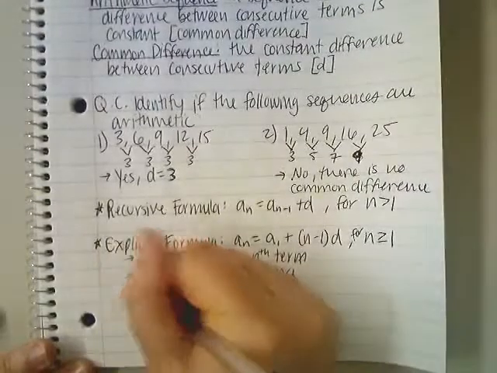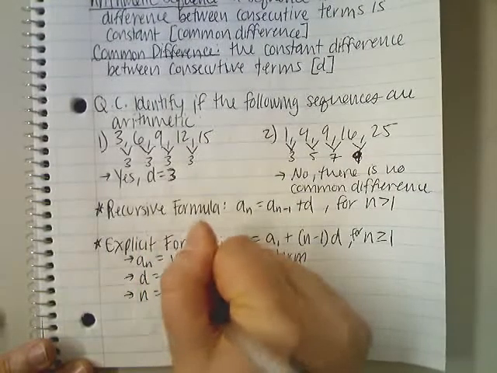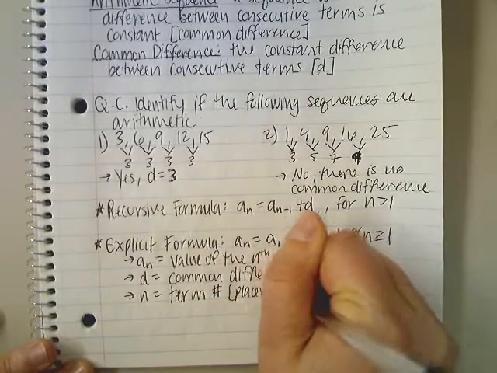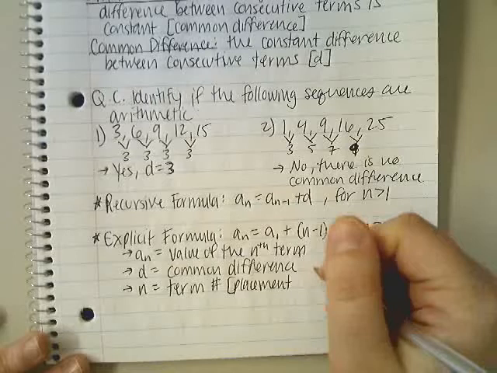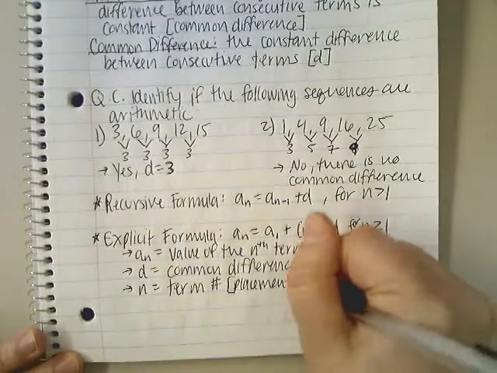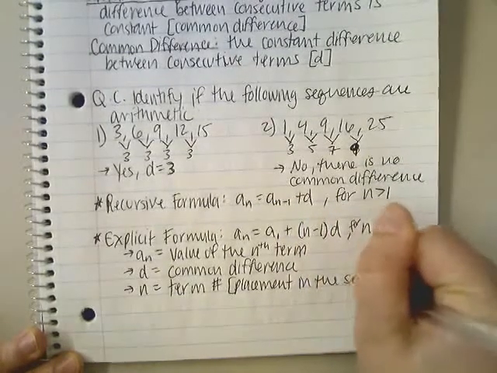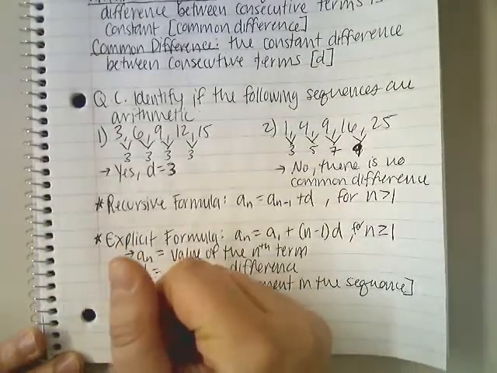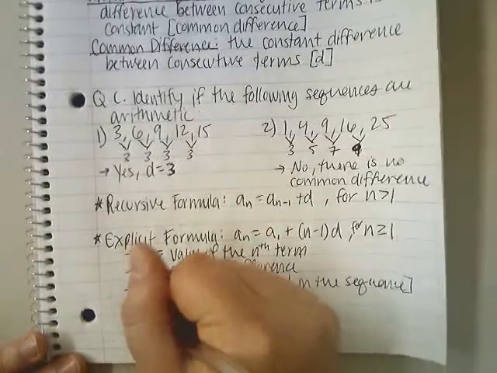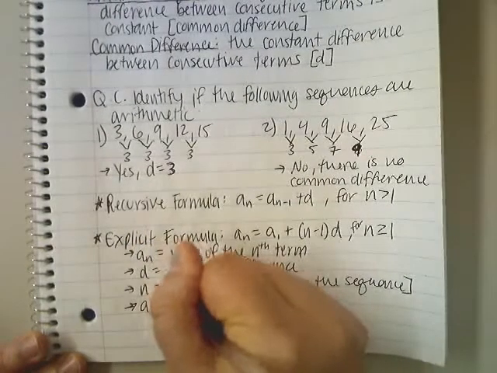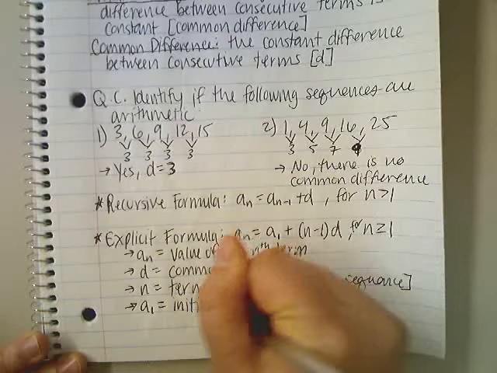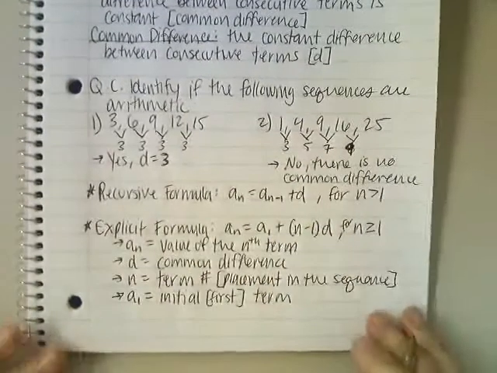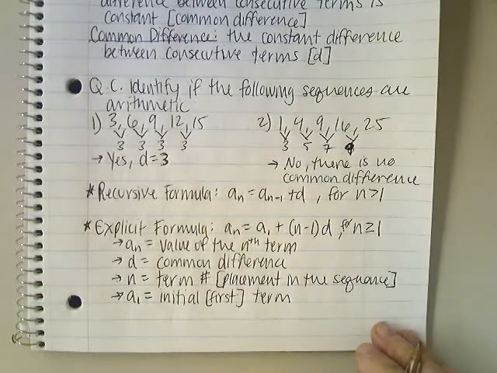We have n, which is our term number, or the placement in the list, where it falls in the list. So if n is 2, that means the second number in the sequence. And last but not least, we have a sub 1, our initial or first term in the sequence.